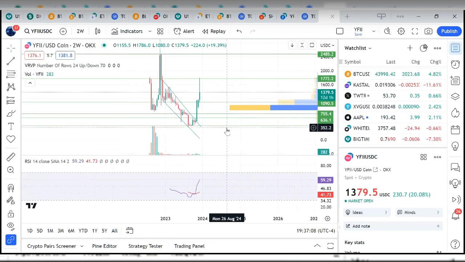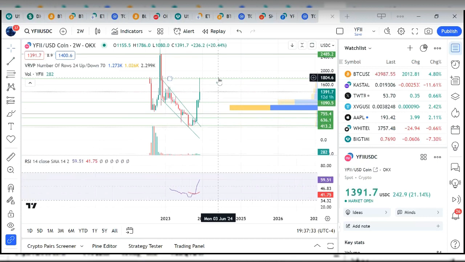I bought at $350. I actually had the buy order and I picked up the wick right down to the bottom. This $350, right now, it just hit 1800 yesterday. So that means my 350 would have turned into almost 5x.